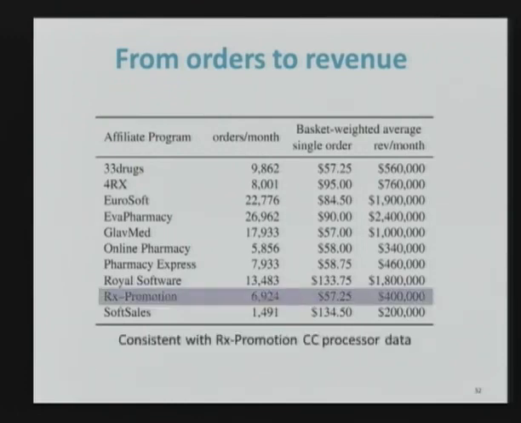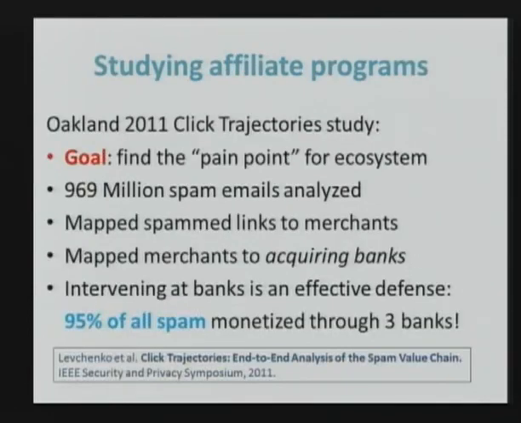And specifically, if we take a look at RX Promotion, this is one of the merchant programs that actually had their real back-end database that kept track of all of their orders leaked to the public, and we were actually able to verify that our estimate in this work using order throughput inference was within a small constant factor of the actual ground truth data. So that gave us a little bit of positive feedback on whether or not our methodology was able to accurately reflect how much money these guys were bringing in at this point in time.